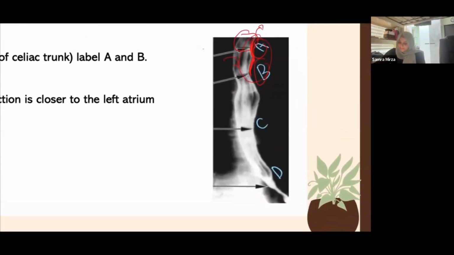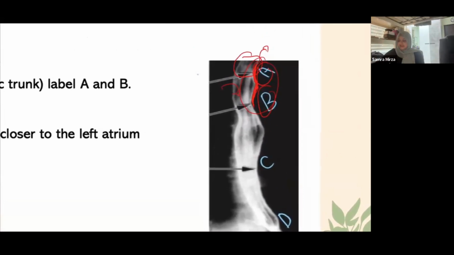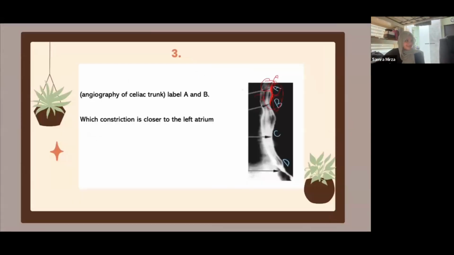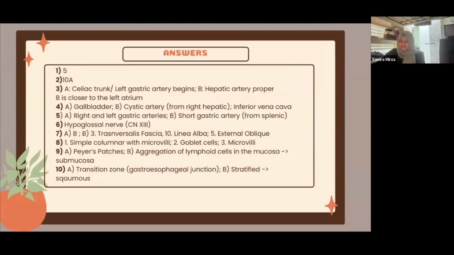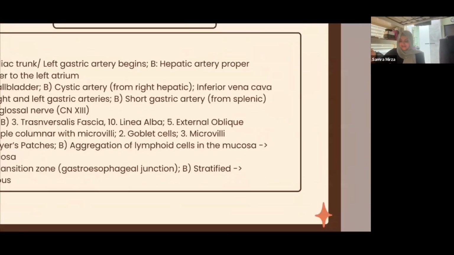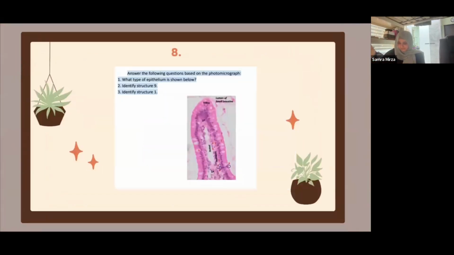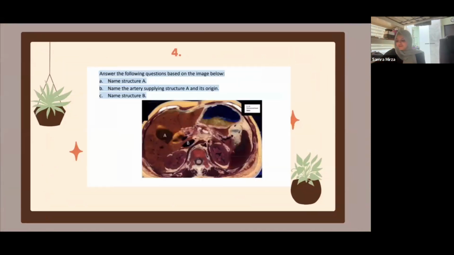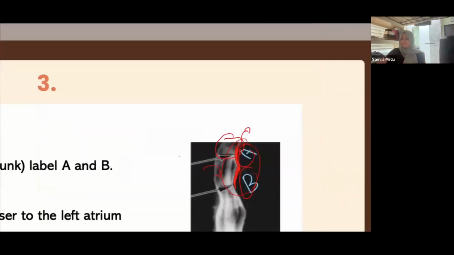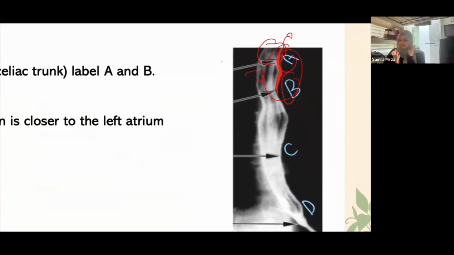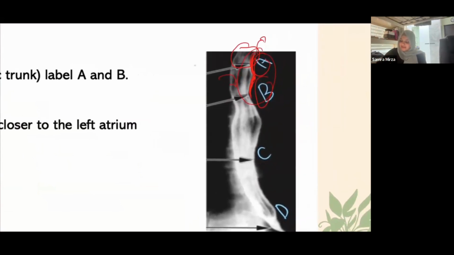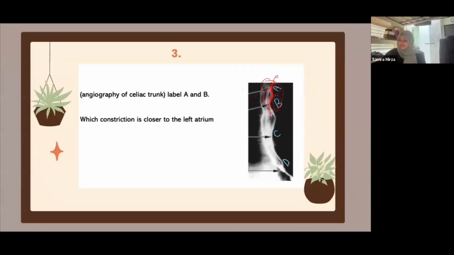And then B, as you come lower, is the, which artery was this? And then B was this one, which is our hepatic artery proper. And again, this is just from the unnamed sources, and this is what it is according to them. So it's just safer to know these in general, but they said that this is our hepatic artery proper that's running on the side. And this is not an esophagus, actually, now that I look back at it, because it's not going to be this high up.